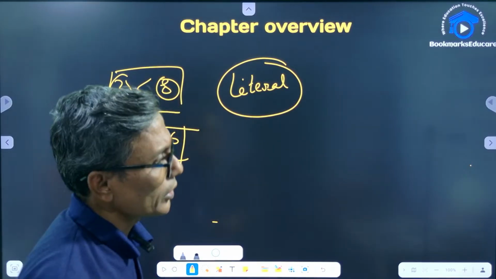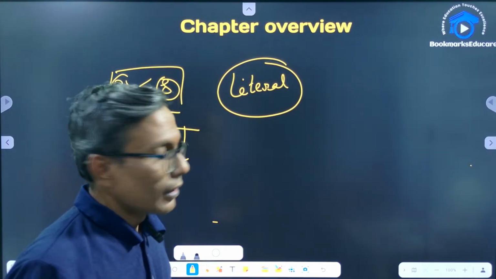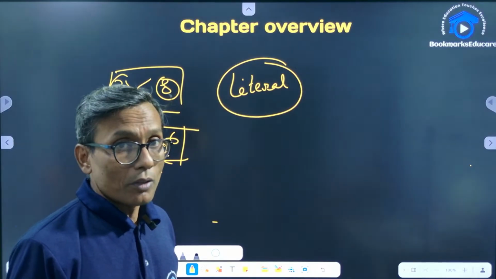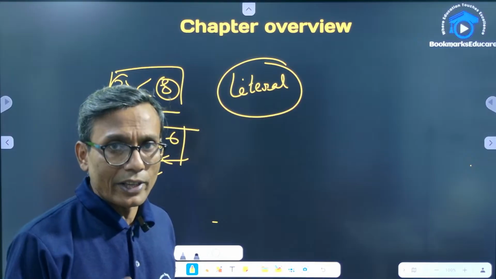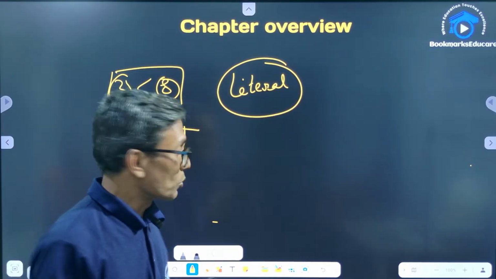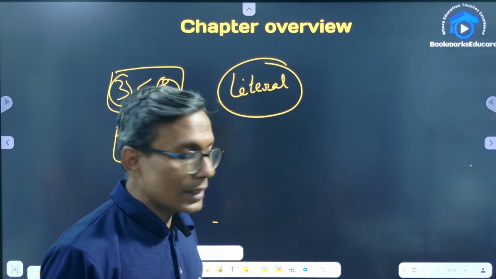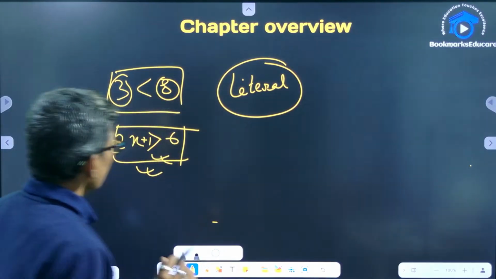An inequation in which the highest power of the variable is 1, and which involves one and only one variable, and the highest power of that variable must be 1. So those types of inequation will be considered as linear inequation with one variable. So हो गया.